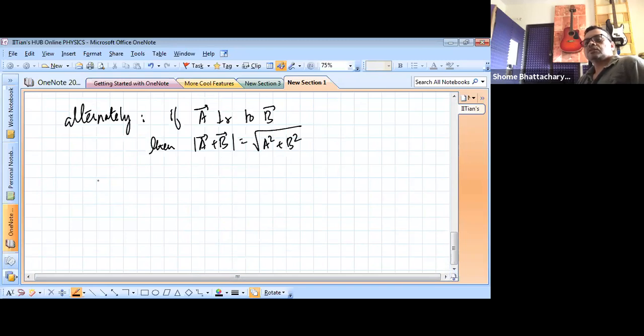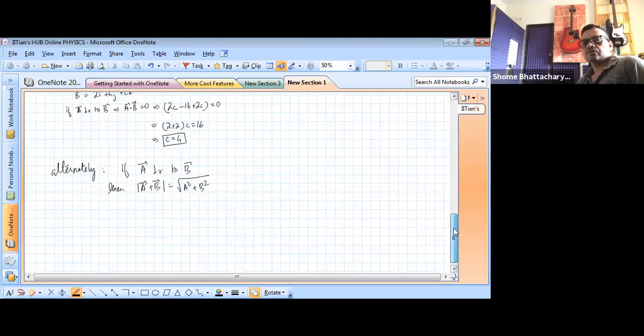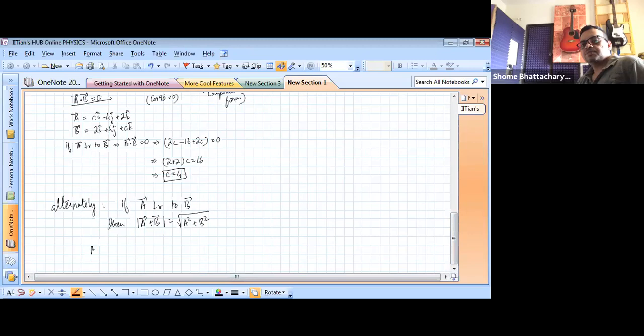So here let's just take the values and understand from above. From these values, what will E plus B be? Just do the sum of the two vectors. So E plus B you will see is C plus 2 i cap. Then minus 4 plus 4, so 0 j cap, plus again 2 plus C k cap.